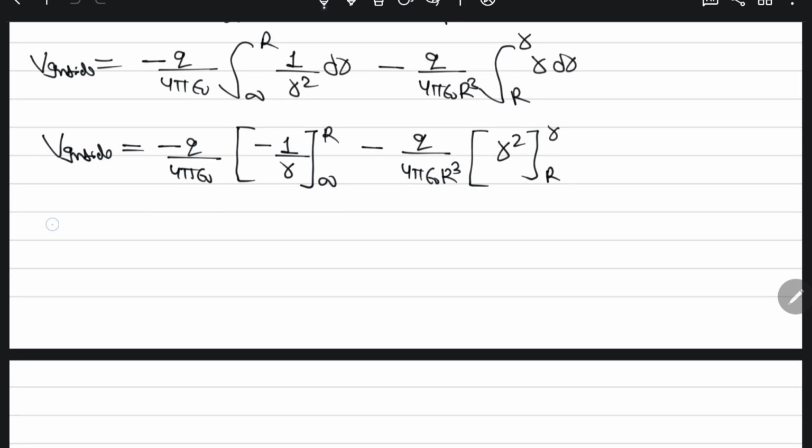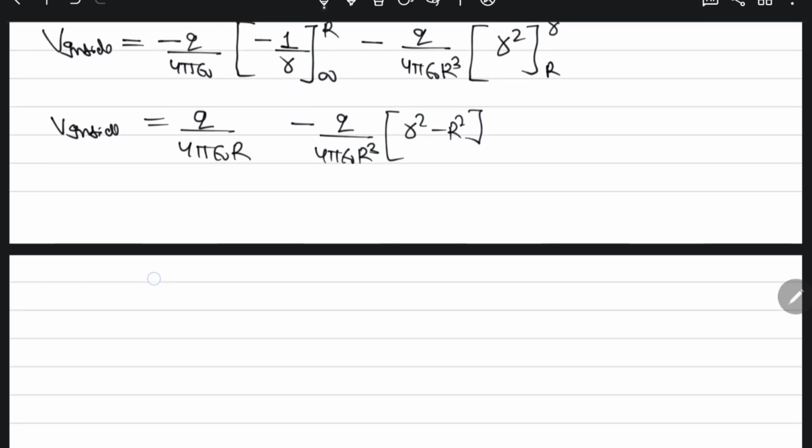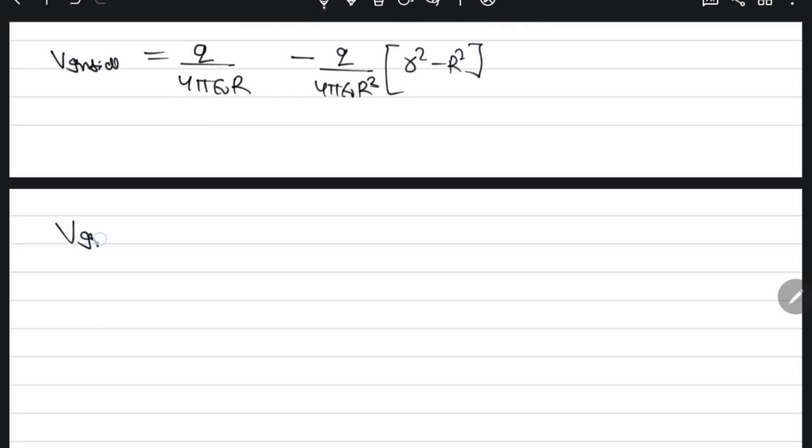Now you can see the potential inside comes out to be, minus minus plus, q upon 4 pi epsilon naught capital R, plus q upon 4 pi epsilon naught R cube times (r square minus capital R square) by 2. So this comes out to be q upon 4 pi epsilon naught, I take capital R common.